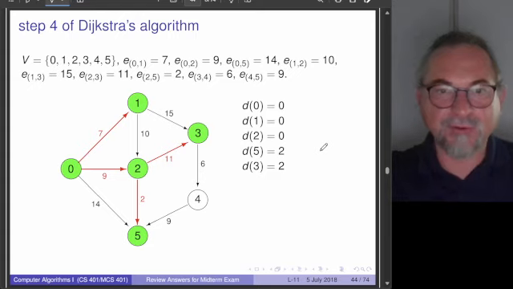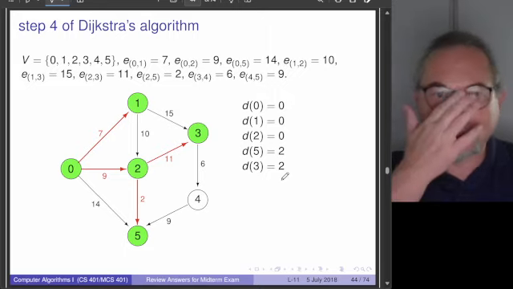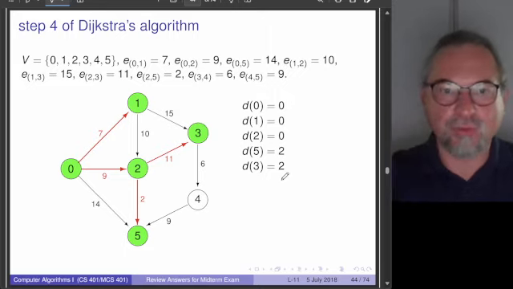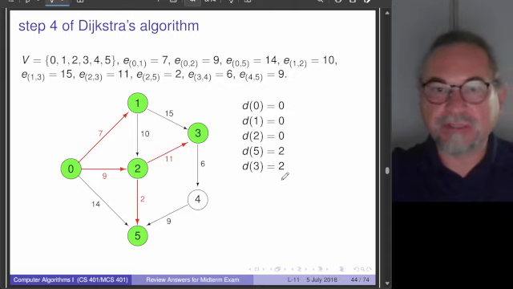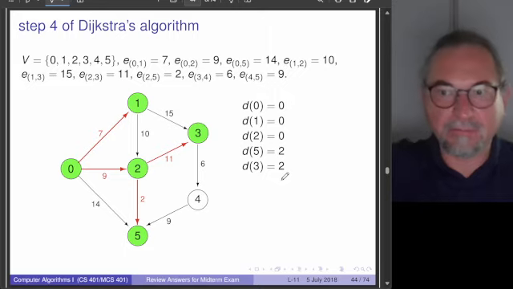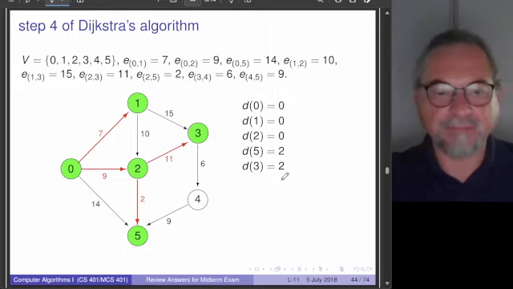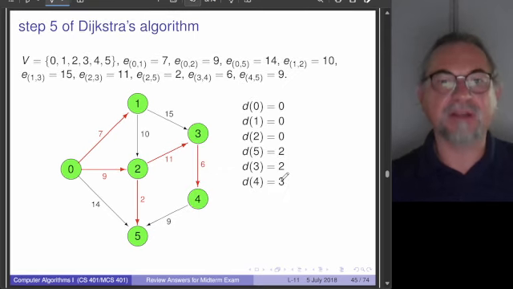And here again, you see that 3 is connected to 2 and 2 is connected to 0. So this is the shortest path, represented by one single array, which I have mislabeled here by D. Okay, so then the last step.